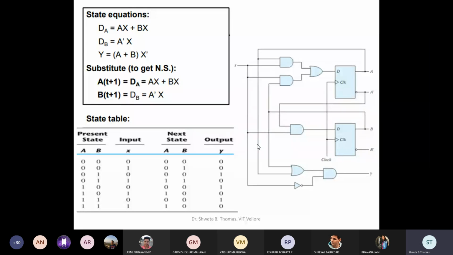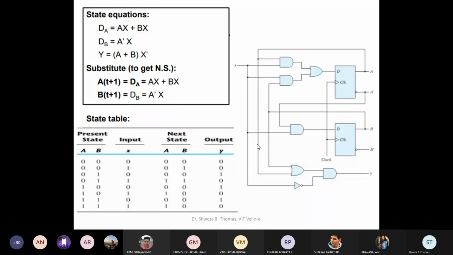This is AX plus A complement X. Later also you can see this.